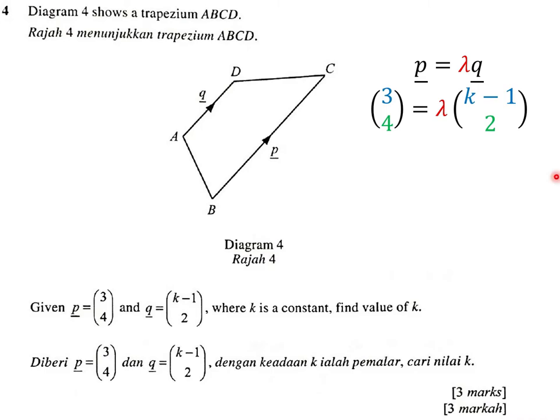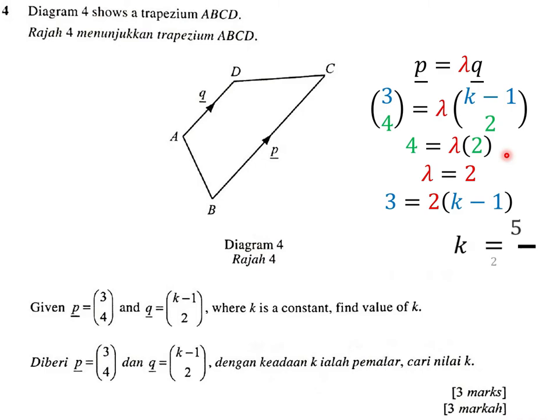For this question, it's easier to compare the y first, right? So 4 equals lambda times 2, so lambda is 2. Then we compare the x: 3 equals 2 times k minus 1. We move the 2 to the other side, and the minus 1 to the other side, it becomes plus, and you will get your final answer, 5 over 2 or 2.5, correct?